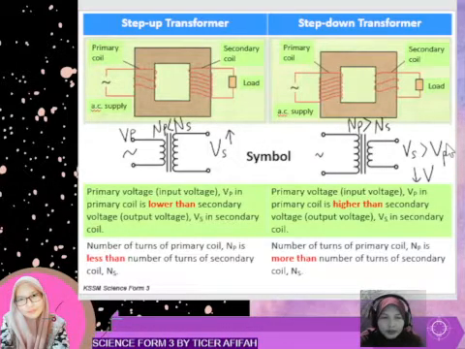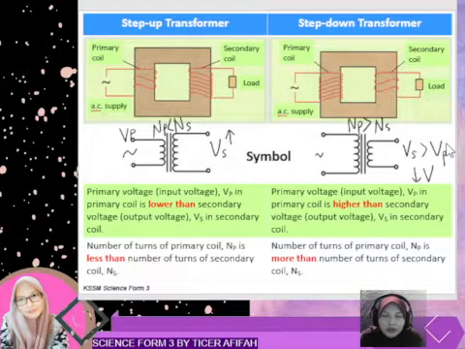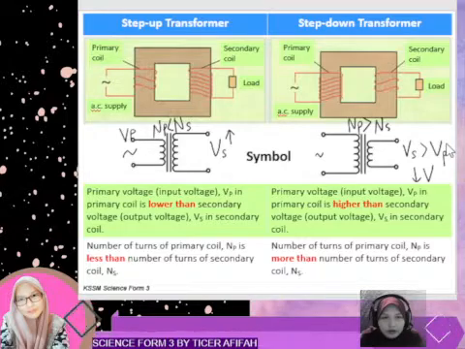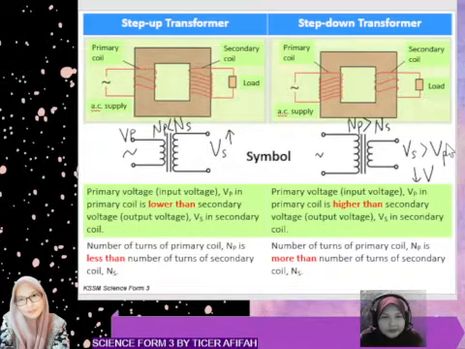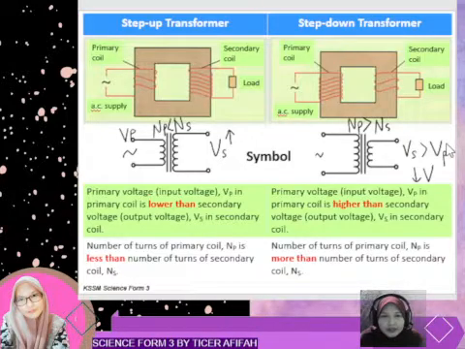So we have four symbols here: VP, VS, NP, and NS. Okay, VP refers to the primary voltage, where we connect the transformer to the alternating current. That is VP, primary voltage, and then the secondary voltage is the output.